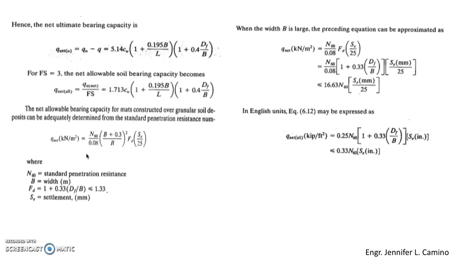Granular soil can be a sand, gravel or silt, and based on the standard penetration resistance number values, you have this equation. If you're going to compute for the net allowable bearing capacity for mat constructed over granular deposit soil, you make use of the value of the standard penetration resistance numbers.